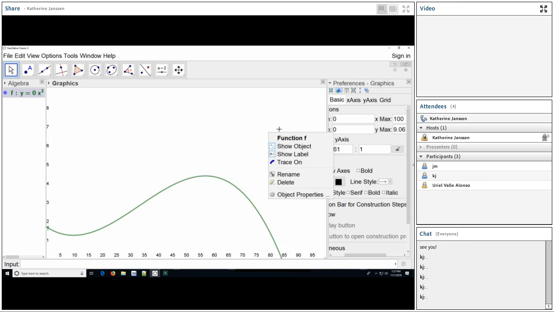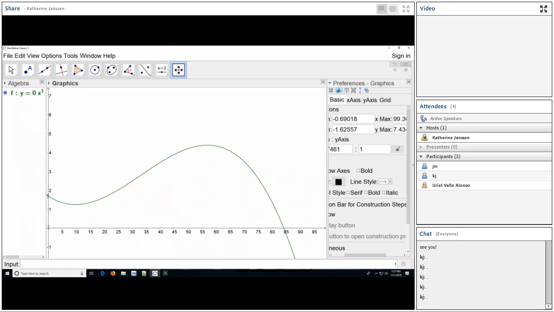So I did a right click so I could set my properties. You see the little gear button. And then I'm looking at preferences for graphics. I'm trying to hone in on my x values between 0 through maybe 85, 90. And my y values, they're in the first quadrant, so 0 through, looks like maybe 6 was our top value at that point.